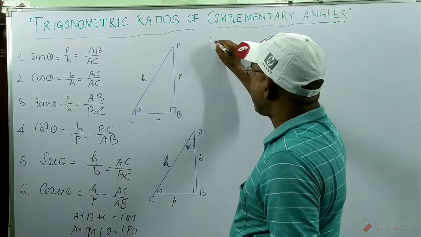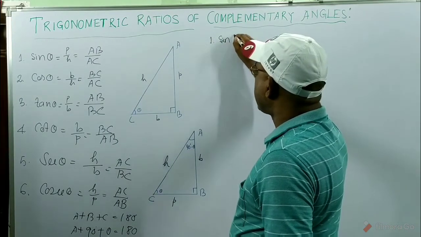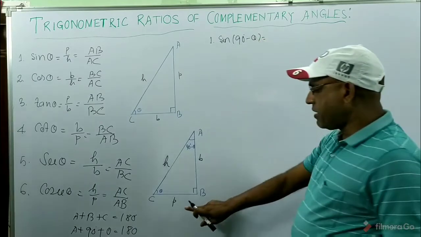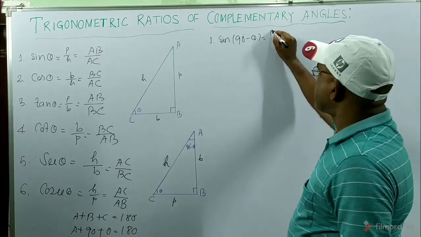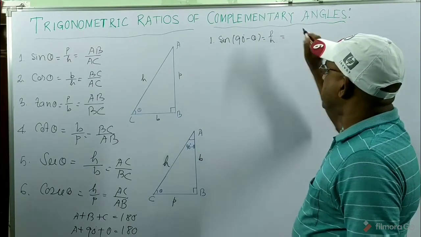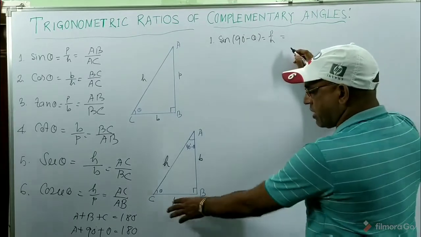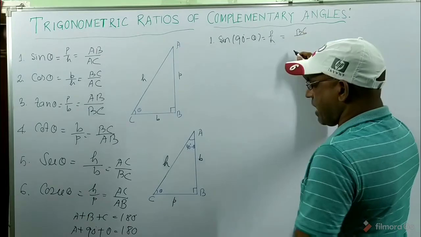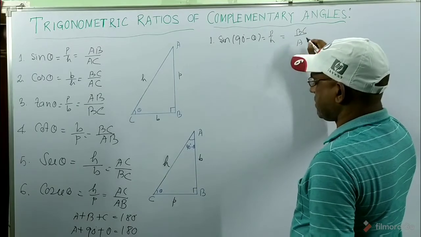Now what do we get? Number 1, sin of 90 degrees minus theta. Sin means P by H, where P means BC and H means AC.